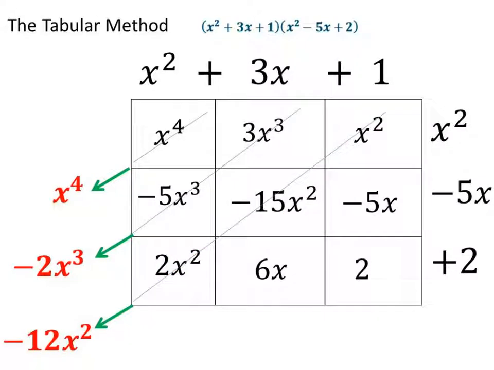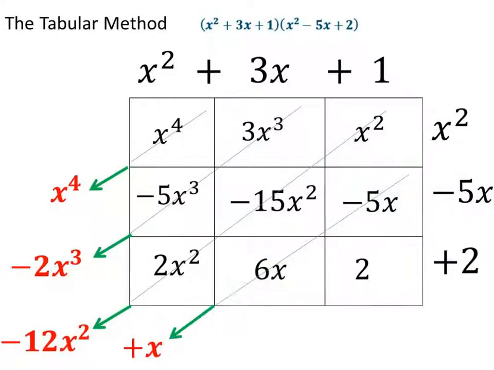We go to the next diagonal. We're going to add the 6 and the negative 5. 6 plus negative 5 is 1, so 1x is just x. And the last one is just this one last box over here. It's only one element, and it's just going to come out as 2.